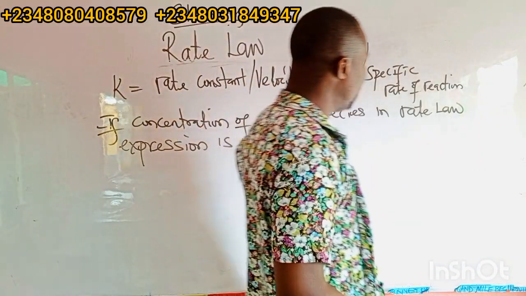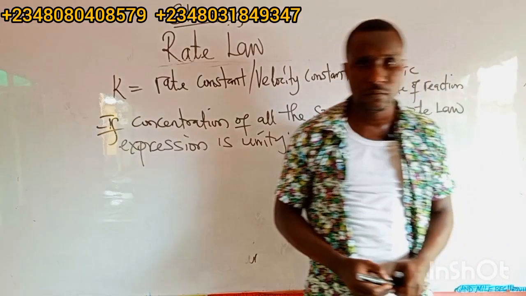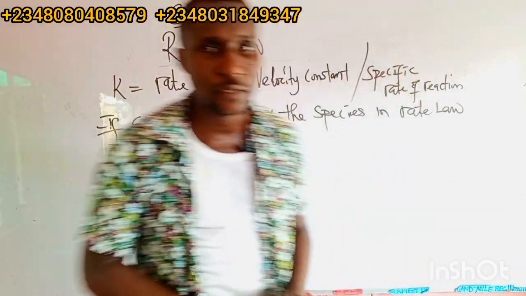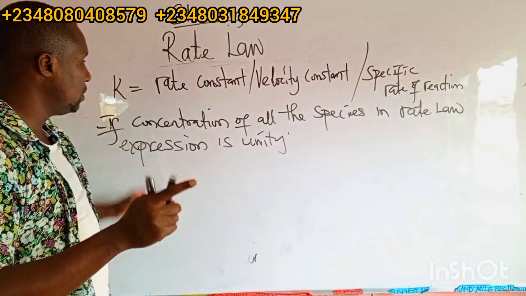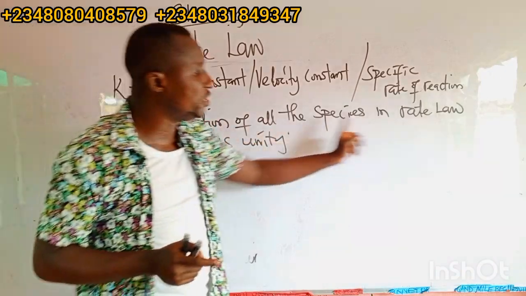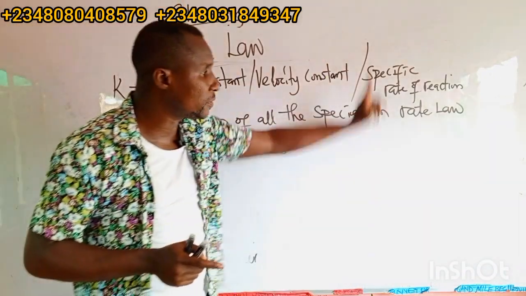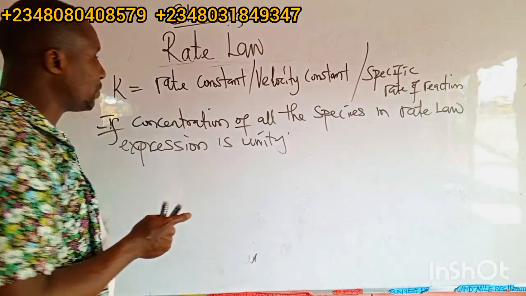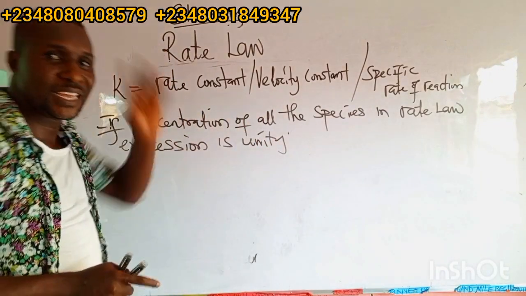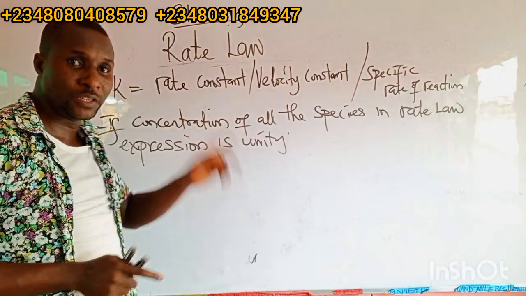If the concentration of all the species in the rate law expression is unity, k will be known as what?